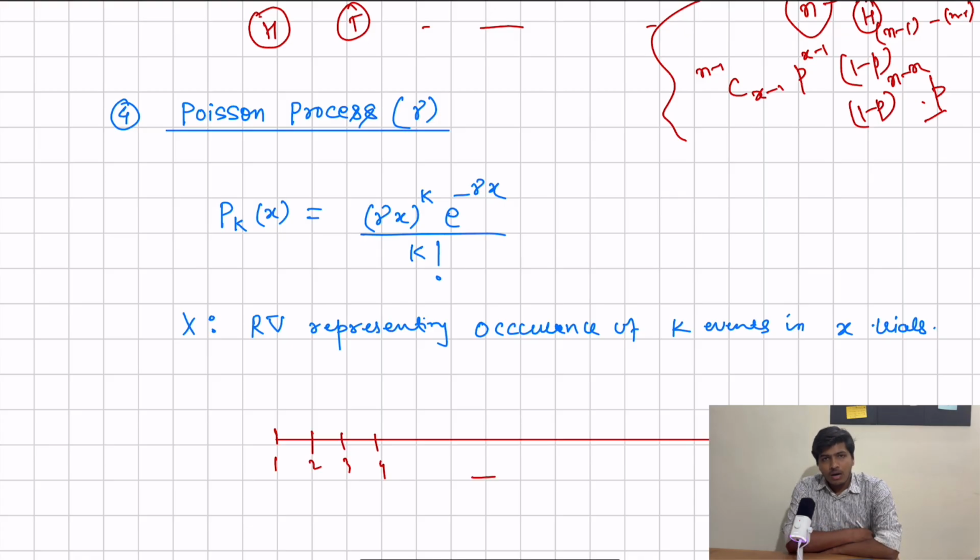What is the probability that there are k accidents in this time? It is written as the probability of k events in x time equals gamma x raised to k times e raised to minus gamma x, divided by k factorial, where gamma is the parameter of the Poisson process.